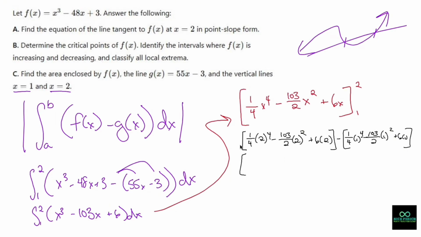Okay, so 1/4 times 16, minus 1/3 over 2 times 4 plus 12, minus 1/4 minus 1/3 over 2 plus 6.